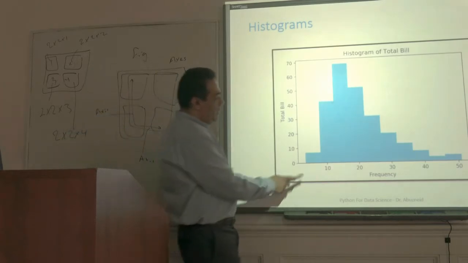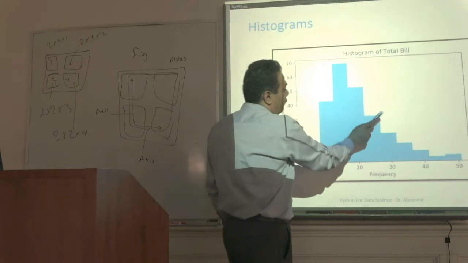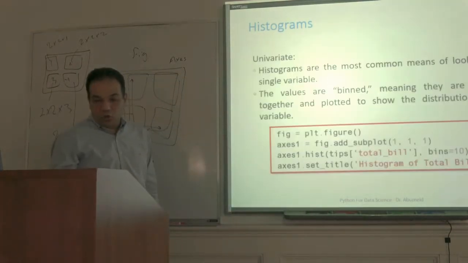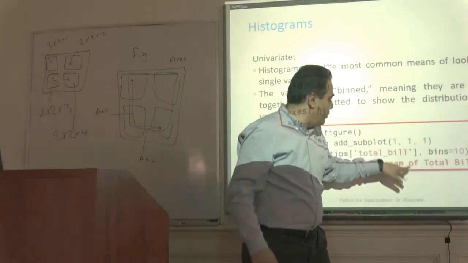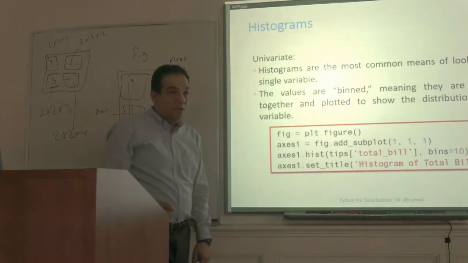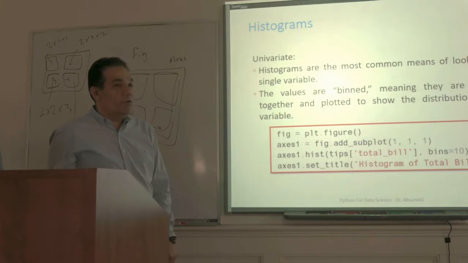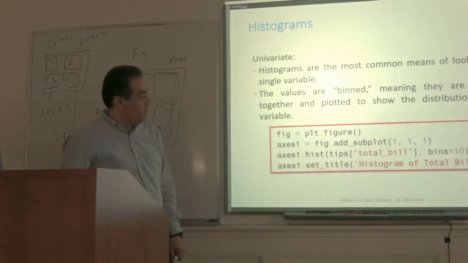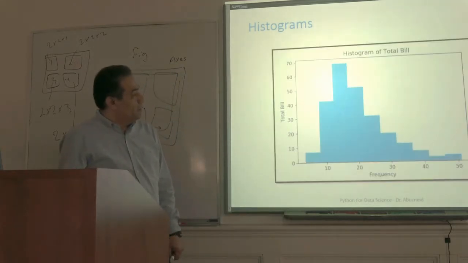So how many bins do I have? 1, 2, 3, 4, 5, 6, 7, 8, 9, 10, because I said I need 10. And where is it coming from? From the total bill. So how many variables do I have here? 1 variable, the total bill.